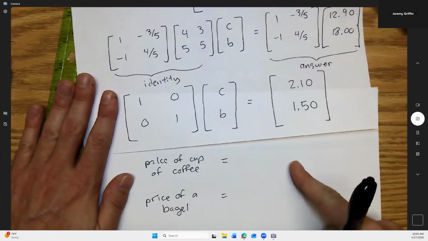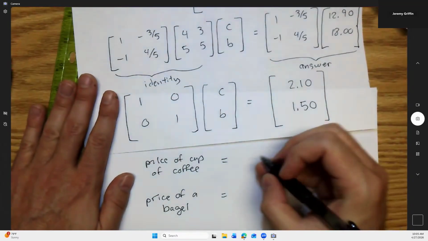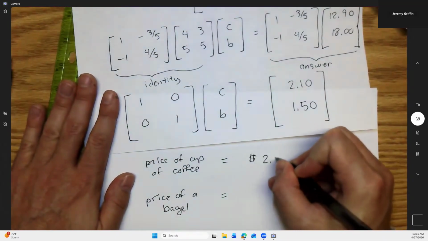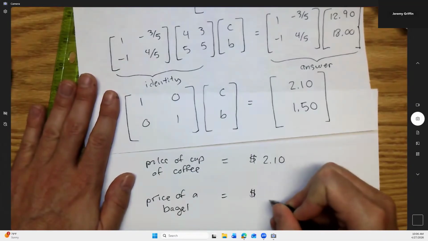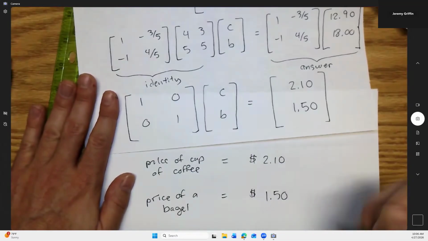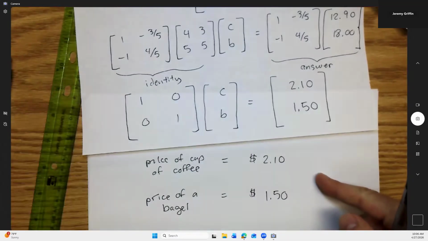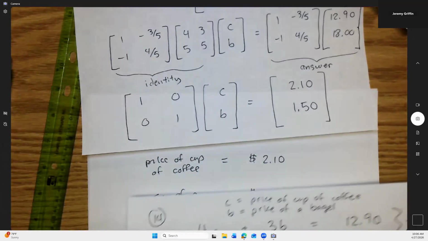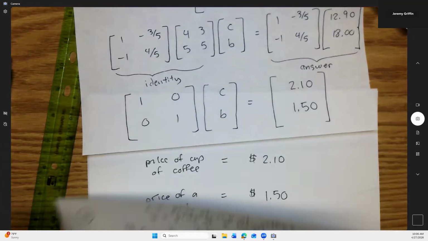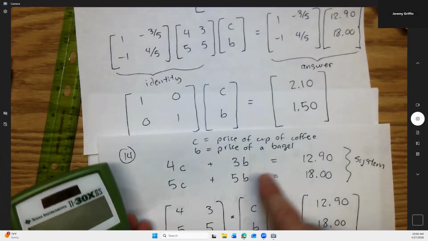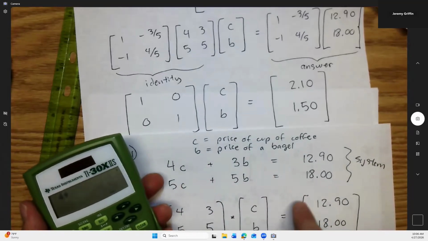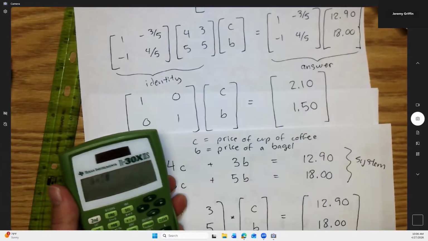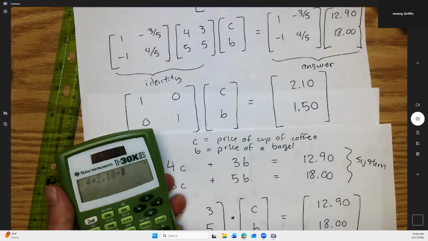So you guys are following. What's the price of a cup of coffee? $2.10. And a bagel? $1.50. If that's really true, then I should be able to go back to that original system, pick either equation, plug it in, and it should confirm that. How about this top equation? 4 times a cup of coffee, which we said is 2.10, plus 3 times the bagel, which is 1.50.